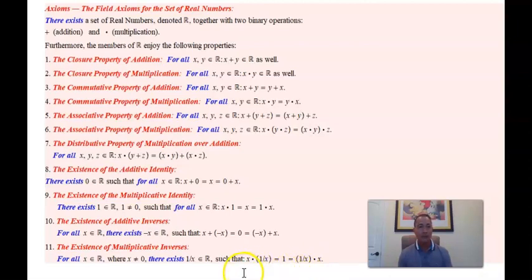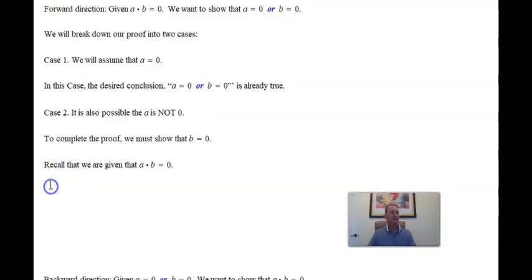So that is what we're going to use for our symbol a. In case 2, we know that a is not 0, so therefore it has a reciprocal. So now, let's use the reciprocal of a and multiply it to both sides of this equation.